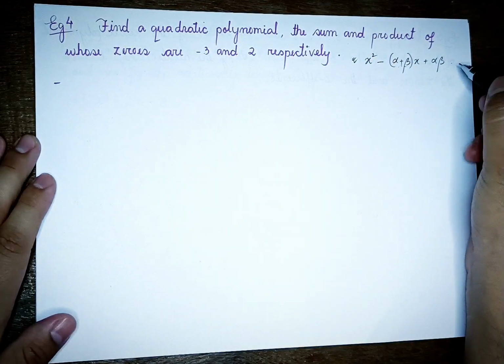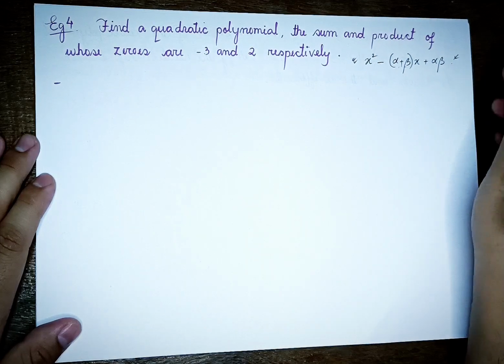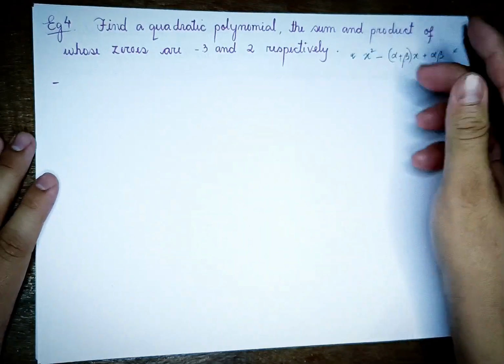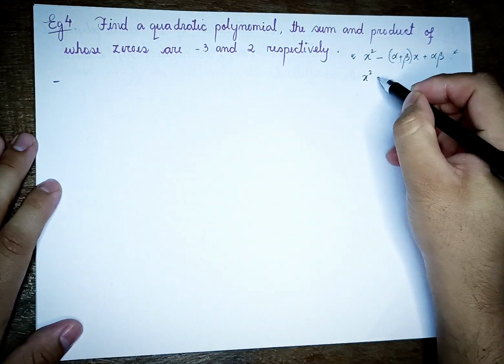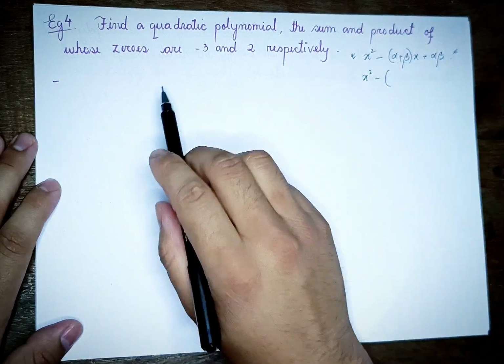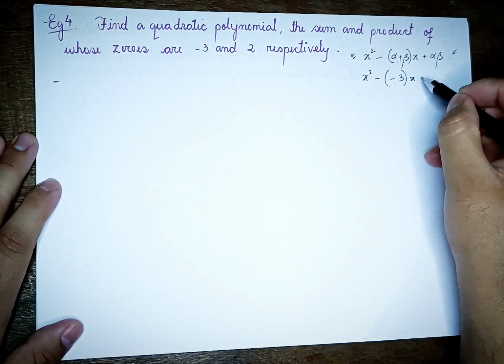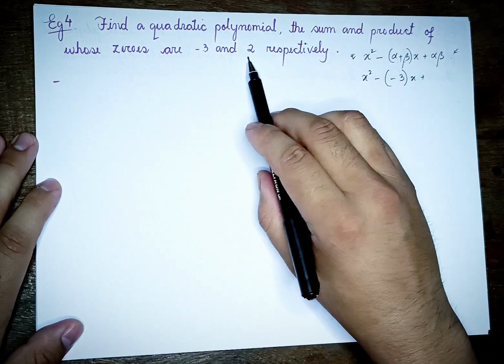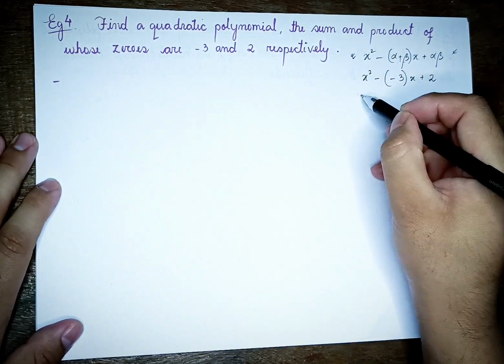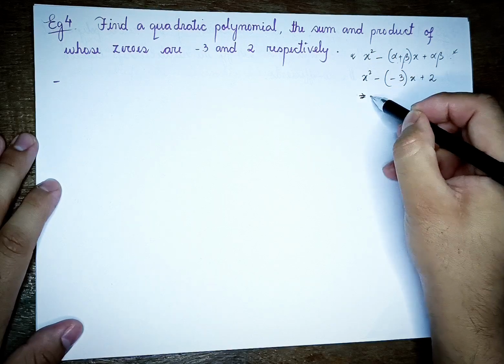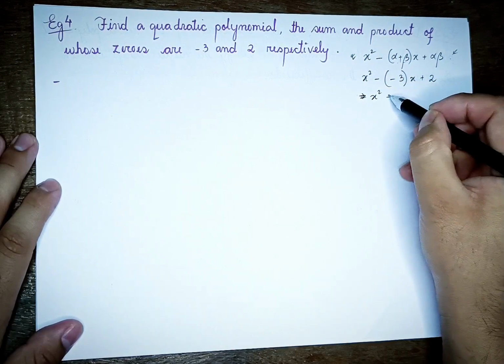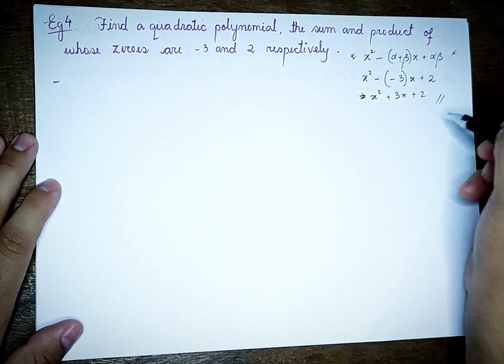But this formula is not studied in your book. If I put here x square minus (the sum of roots, which is -3) x, so I write -3 x here, plus the product of roots, which is 2, so I write 2 here. Solving this, we get x square plus 3x plus 2.